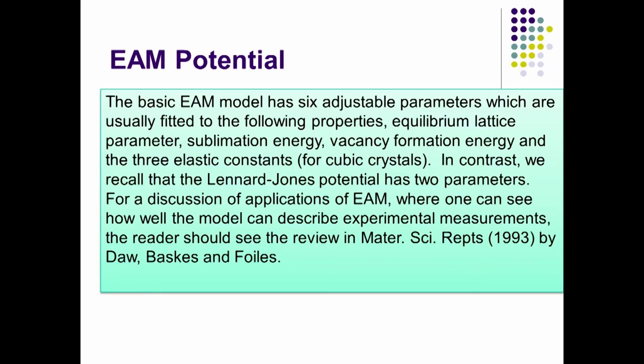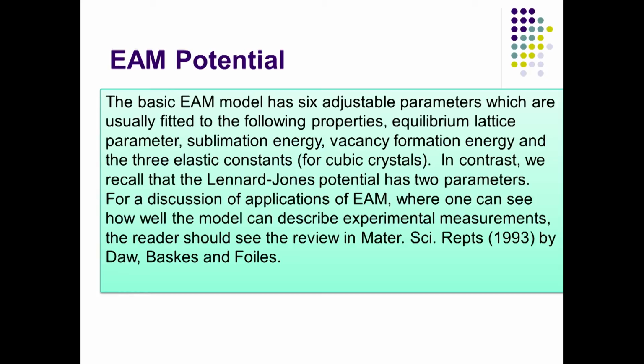So, this is the EAM potential and it has 6 adjustable parameters for understanding multiple influences in the construction of this atomic potential function, and these are the 6 parameters that are fitted in order to come up with an understanding of metals and alloys like copper and aluminum.